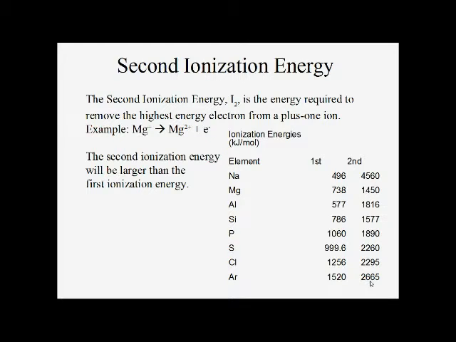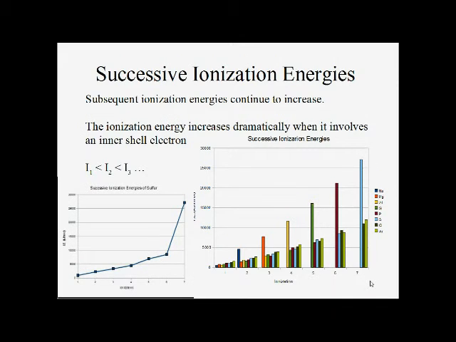So the second one is always higher than the first one. And this trend will continue, so the third ionization energy is going to be higher than the second. The fourth is going to be higher than the third. The fifth is higher than the fourth. So as you increase successive ionization energies, it always gets harder to remove that next electron.